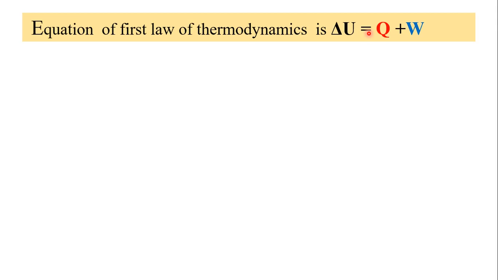Q positive means heat supplied to the system, and W positive means work done on the system. So when work is done on the system and heat is supplied to the system, the internal energy of the system increases.